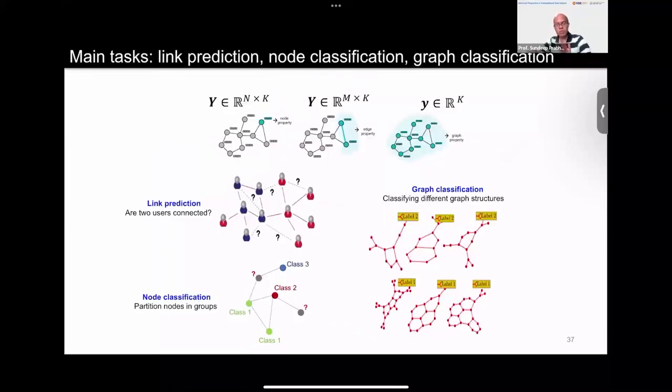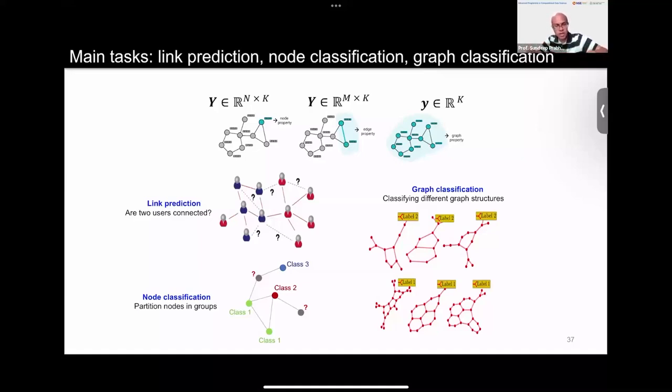Now, in this slide, you will see the three main problems that one can solve with graph neural networks or graph representation learning, in general, machine learning with graphs. The three main tasks with graphs are the following, and any other application that you see can be cast as one of these three problems. For example, the drug interaction example can be cast as a link prediction problem.